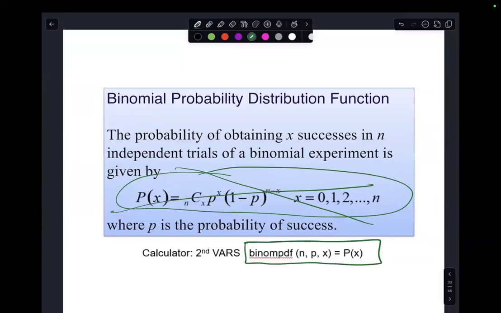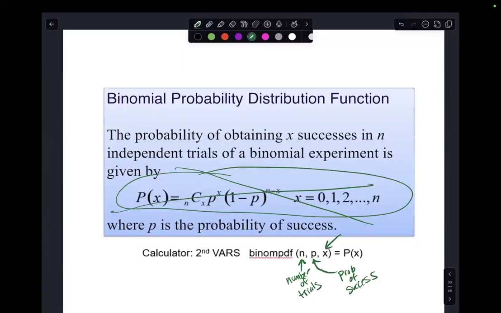Don't worry, I'm going to show you on the calculator. It's binom PDF. What PDF stands for is probability distribution function. You don't have to memorize that. Binomial probability distribution function. This right here is the number of trials. This is probability of success.